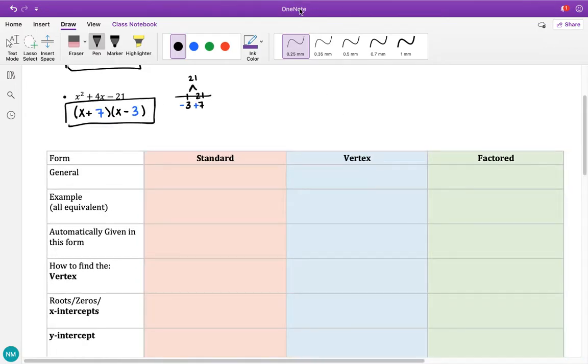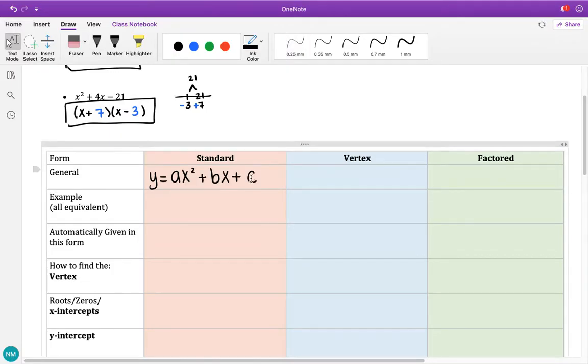This is what we're going to be discussing for a little bit of time. In general, there's standard form, vertex form, and factored form. Standard form is y equals ax squared plus bx plus c.